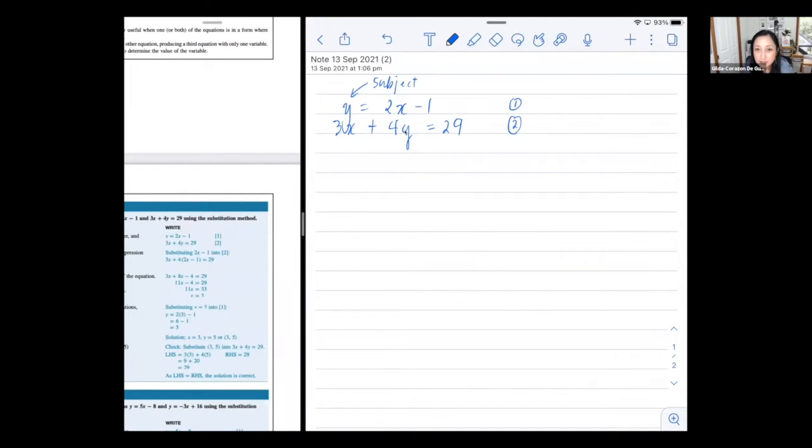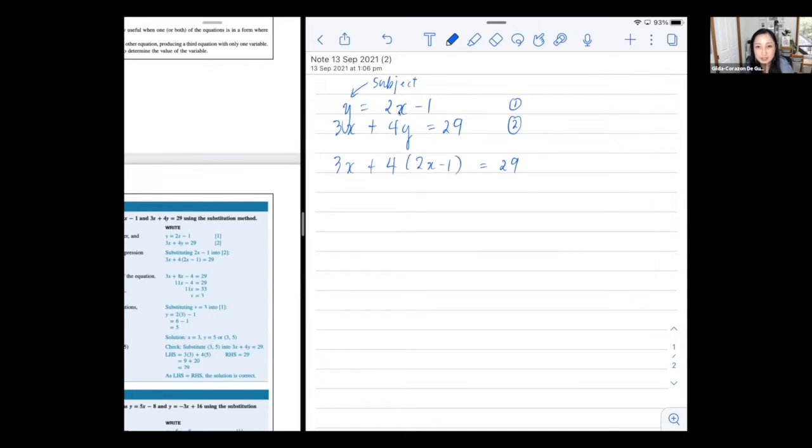All right, so instead of writing y here, you would want to write 2x minus 1. So you've got 3x plus 4 times (2x minus 1) equals 29. Because we know that y is equal to 2x minus 1, then you can get rid of the y here and replace it with an expression that would be in terms of x.